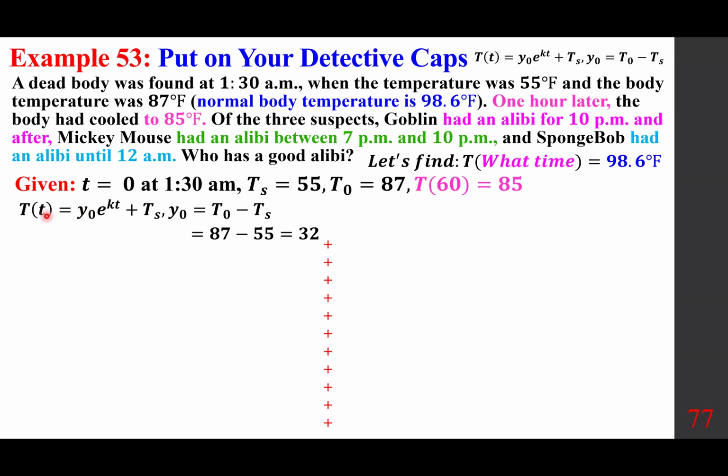So capital T of t becomes 32 e to the power of kt plus T sub s, which is 55. So we have the formula almost. What is missing in action is k. We need to find k, and we use T of 60 equals 85 to find that. That will help us find the answer.